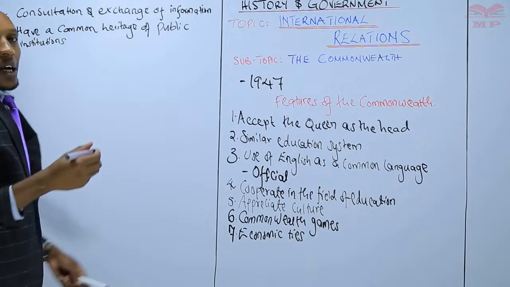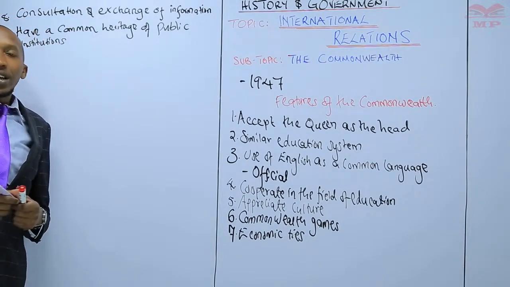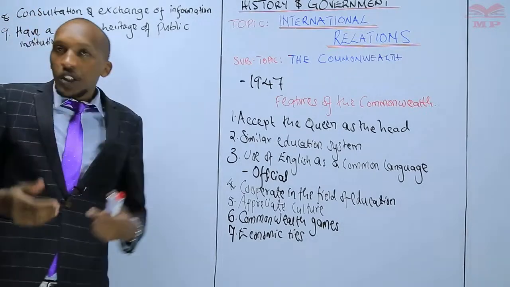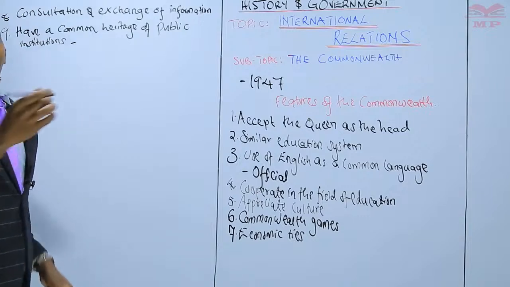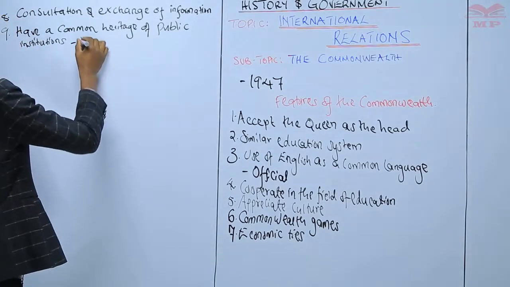So being part of the British Empire, they adopted most of their public institutions from the British. So you find the biggest or the most significant feature is the parliamentary system.